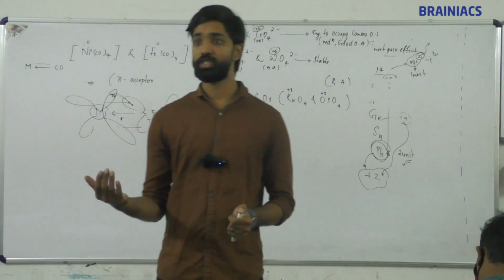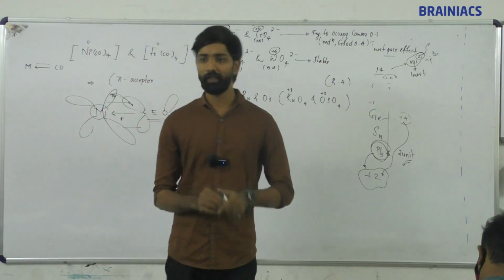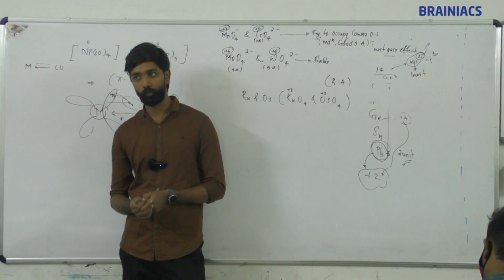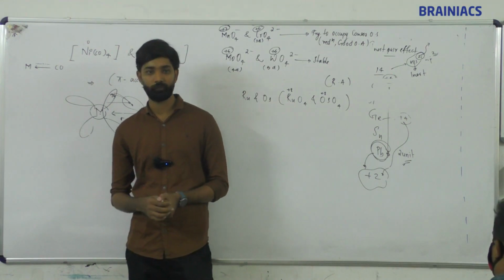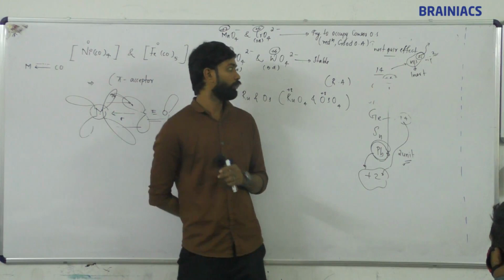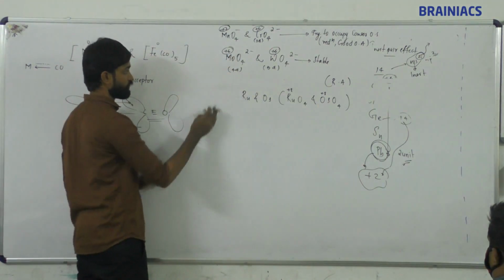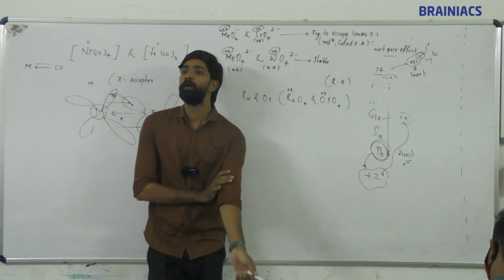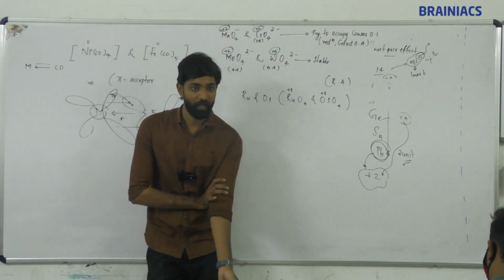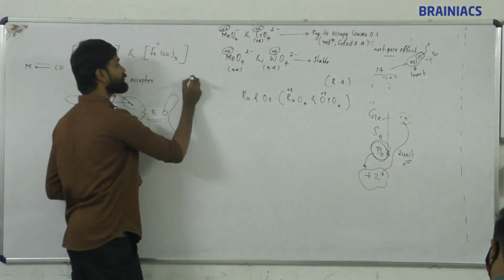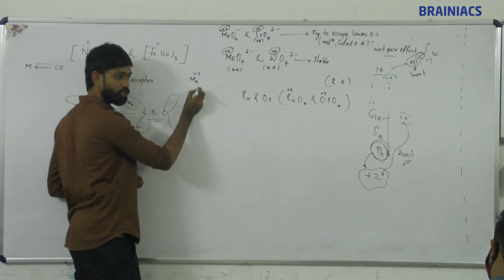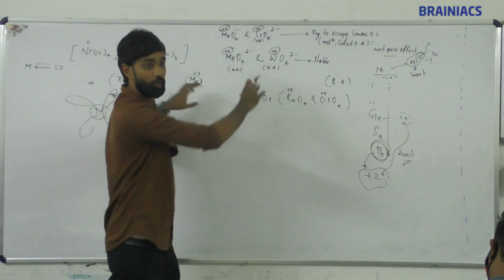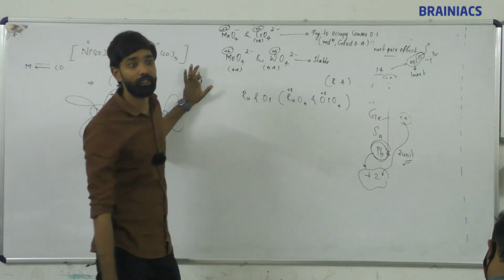Usually the higher oxidation state of a metal is satisfied by more electronegative elements like fluorine and oxygen. For example, if manganese is in a +7 oxidation state, this +7 can be satisfied by surrounding it with more electronegative elements like fluorine and oxygen.